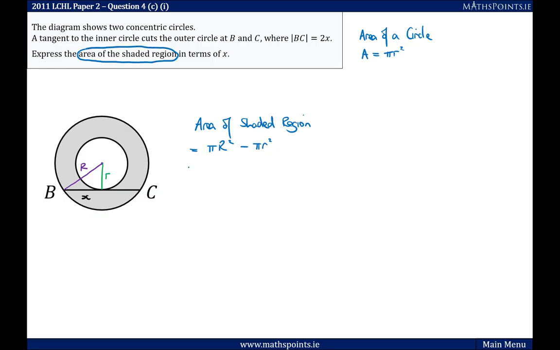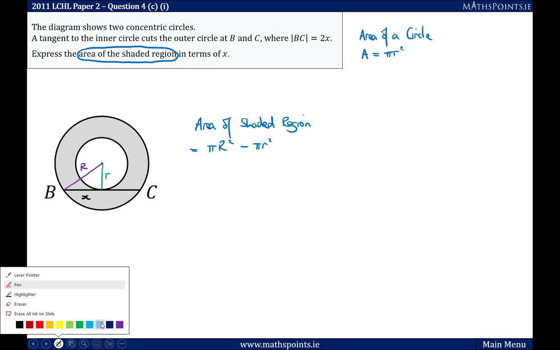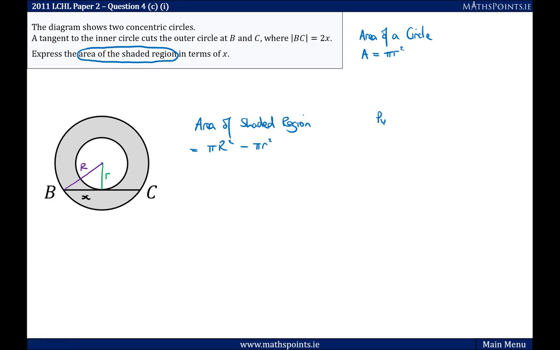What we have there is an area in terms of capital R and small r, so we need to work with this so that we can somehow have only x's in the answer, and that's kind of tricky to see how we are going to get rid of the capital R and the small r and just have x's in the question. Well, what I'm going to do is write down Pythagoras theorem over here because I can see a right angle triangle.